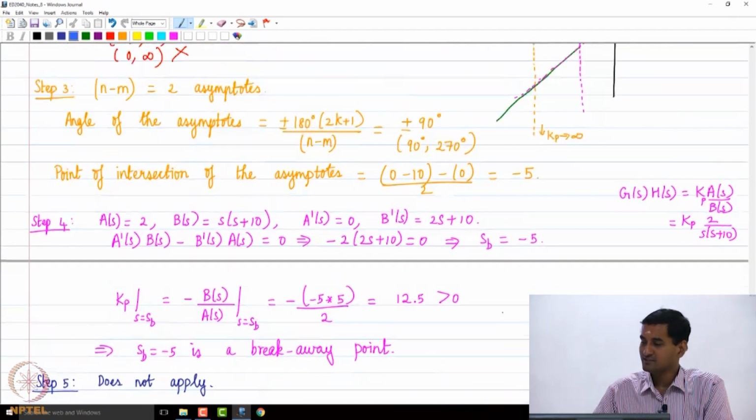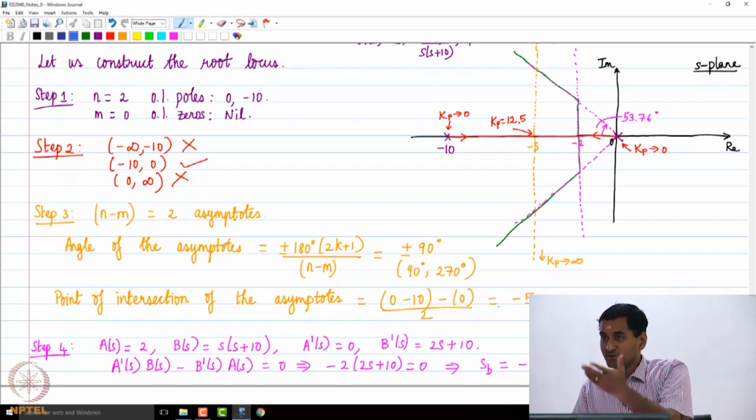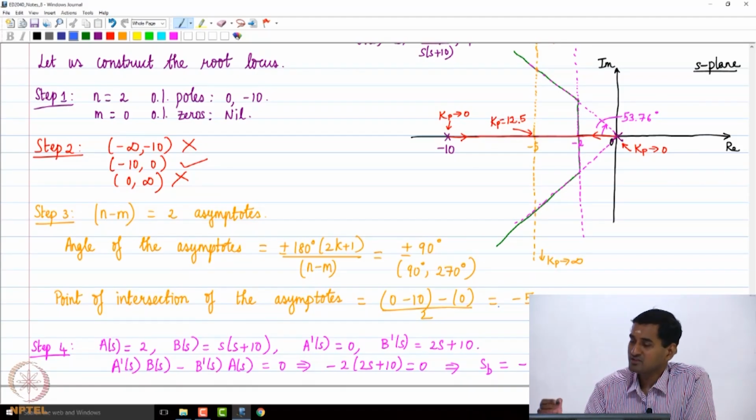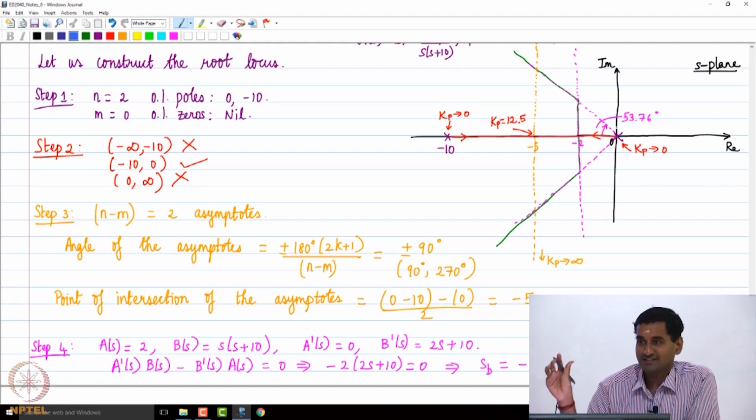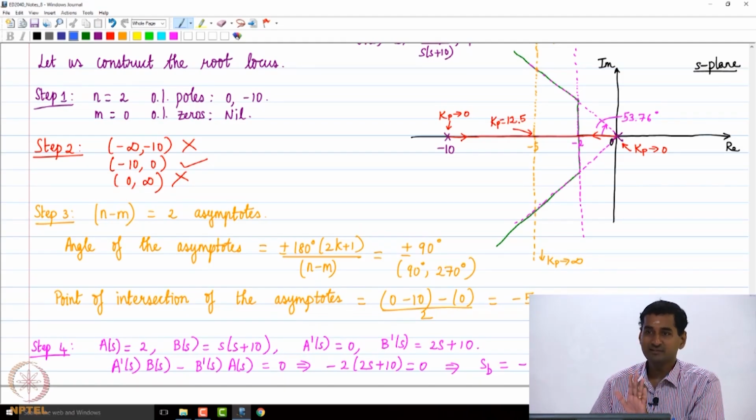That means the root locus does not cross the imaginary axis except where it starts at the open loop pole, that's it. That's what we can interpret from this calculation. So there are no further crossover points. It starts at the origin when K tends to 0, because that's an open loop pole.